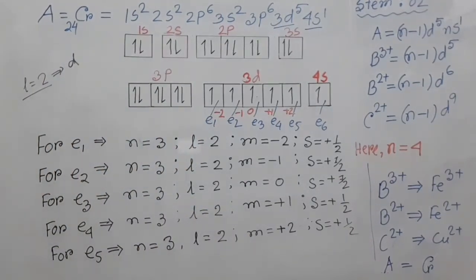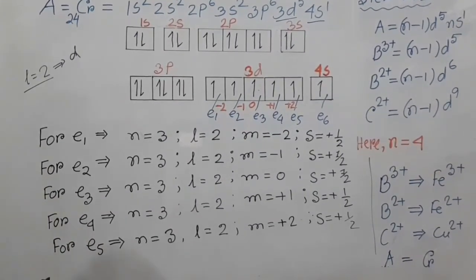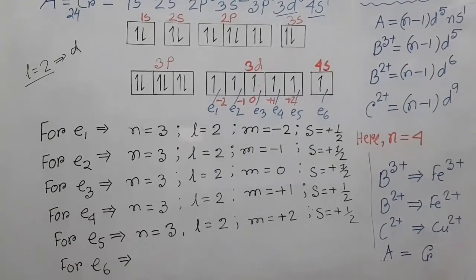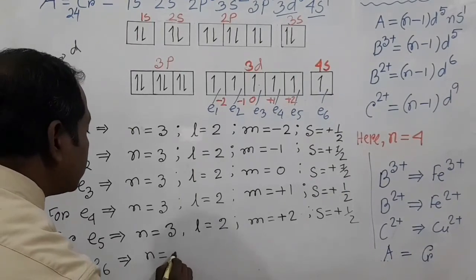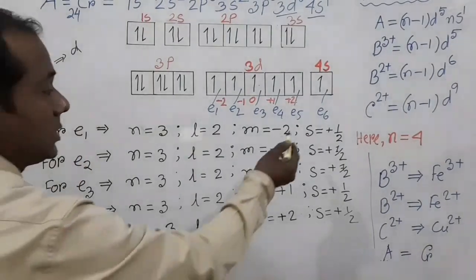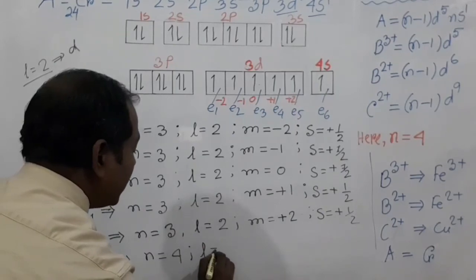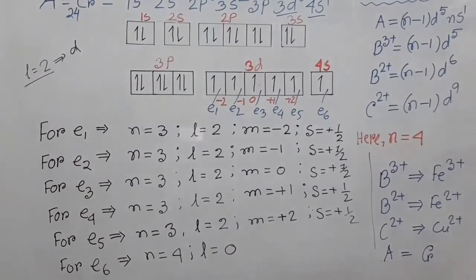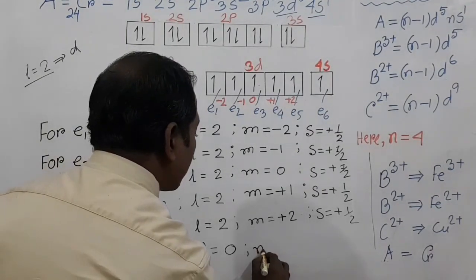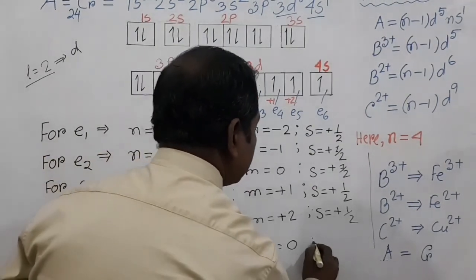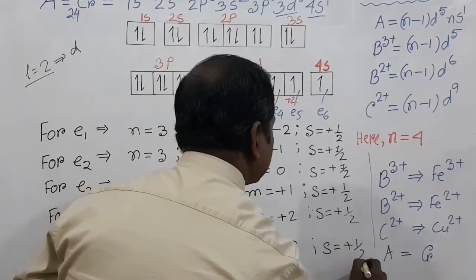And for the last electron, the 6th electron, E6, n equal to 4, because this electron is present in the 4s orbital, l equal to 0, because for s orbital l equal to 0, m equal to 0, because when l equal to 0, then m equal to 0, and s equal to +1/2.